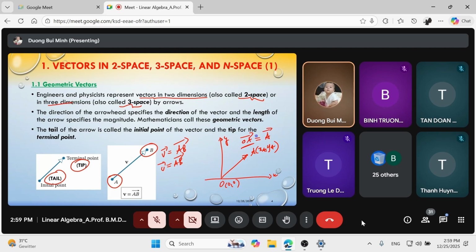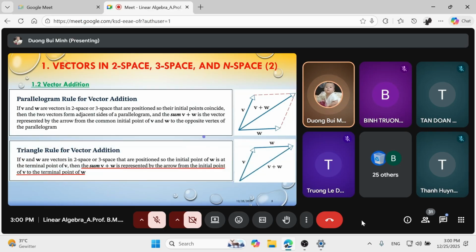Sometimes we say vector OA, sometimes we just say vector a. That's okay, because we have the origin 0. So we say OA or vector a. Okay, like this. So we have vector addition, we know. We apply the parallelogram rule to get the vector addition.